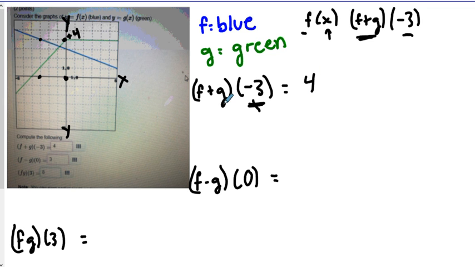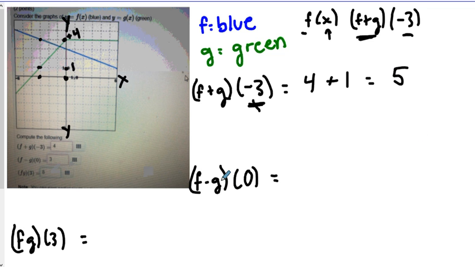And then g at this point at -3, if I trace up to the green line, that takes me here, which if I follow that over to the y, that's +1. So 4 plus 1 is the same thing as saying f plus g, blue plus green, at -3. So my value at that point is 5.